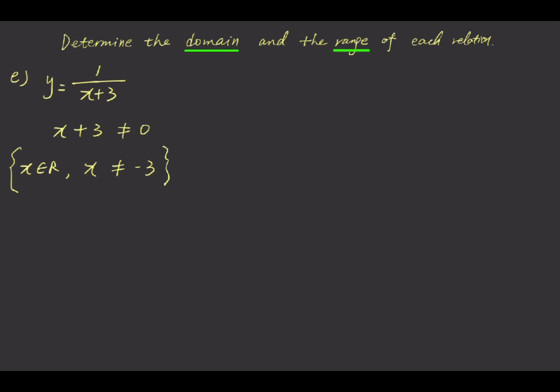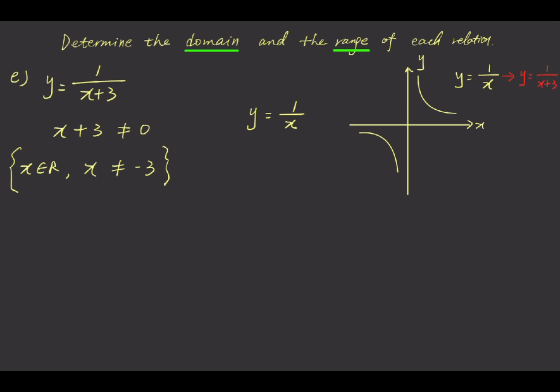This is the domain. And for the range, first we analyze this base relation. We know this relation can be represented by two branches. This is y equals 1 over x. On the basis of this base relation, we need to transform it to figure out the new relation.